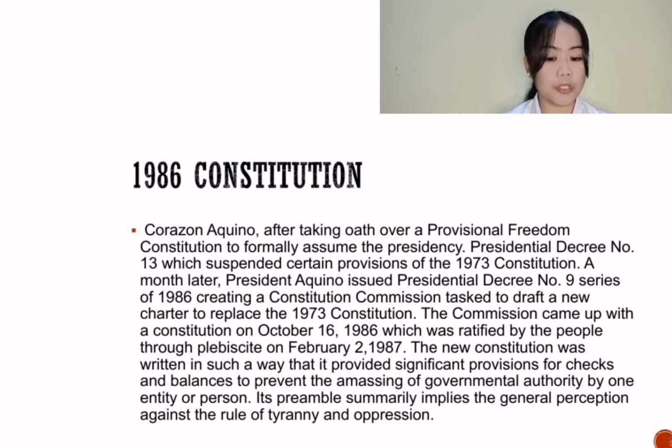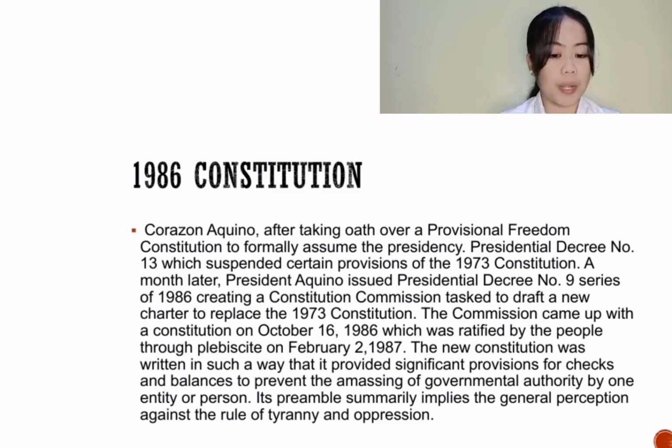The new Constitution was written in such a way that it provided significant provisions for checks and balances to prevent the misuse of governmental authority by one person. Its preamble summarily implies the general perception against the rule of tyranny and oppression. Okay?